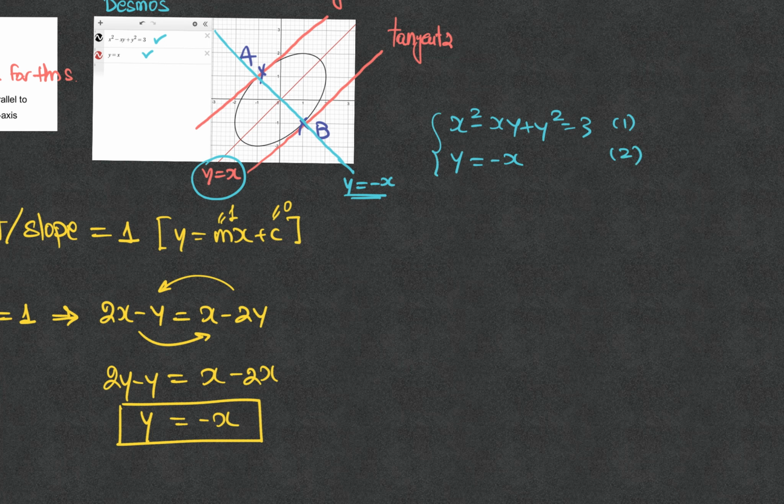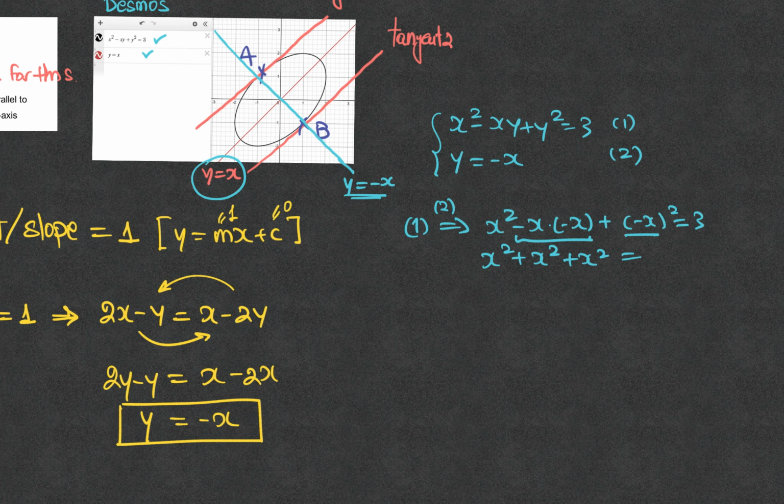If we combine those two, replacing all the y's in 1 with 2, equation 1 becomes x squared minus x times -x plus (-x) squared equals 3. That's x squared plus another x squared, plus another x squared because (-x) squared is positive, equals 3.